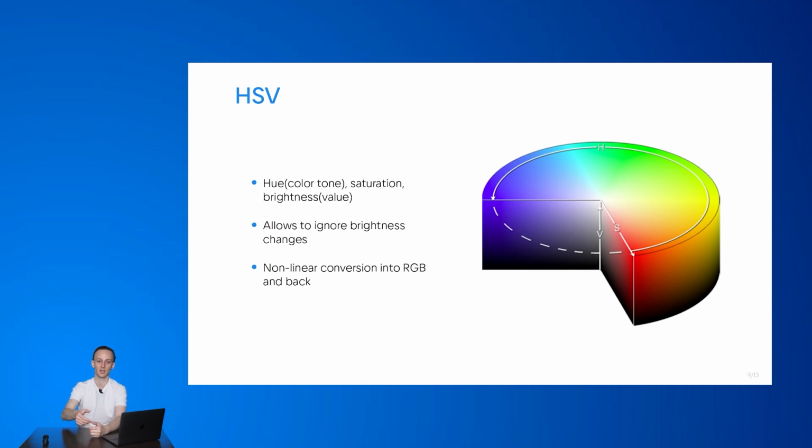And in the value channel, our thresholds could be from, say, 10 to 250. The range is kind of big, so all the objects that fit the hue and saturation requirements will result in white pixels in the mask. And the brightness here will not be important. We will almost ignore the brightness altogether. This is the way in which the HSV color space makes it possible to detect objects under varying lighting conditions.